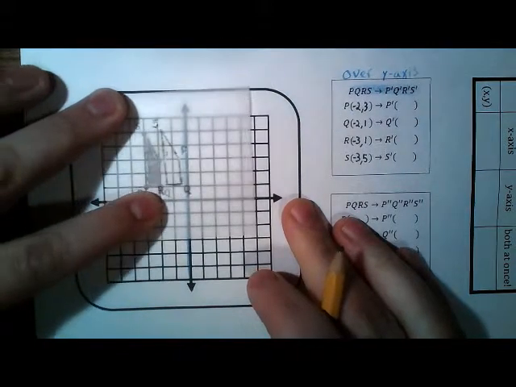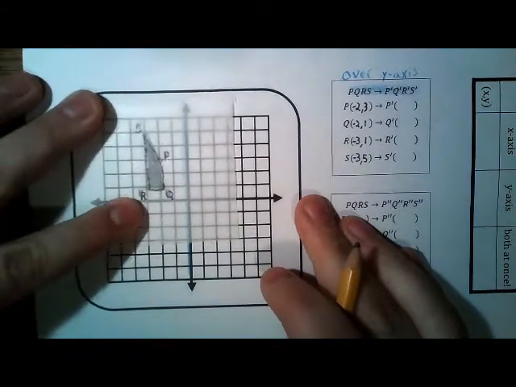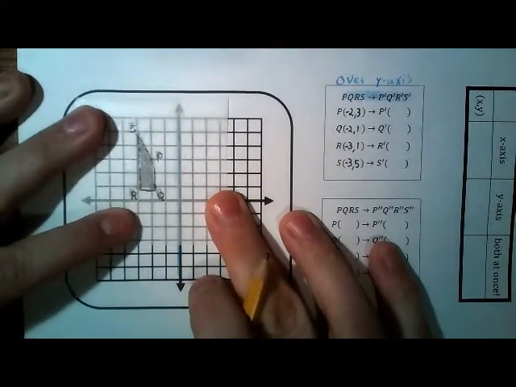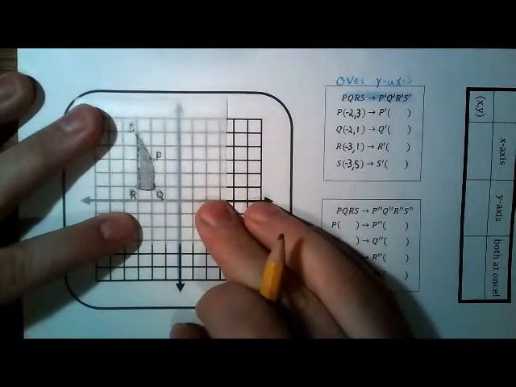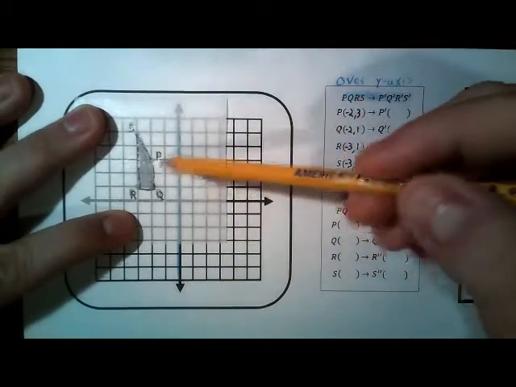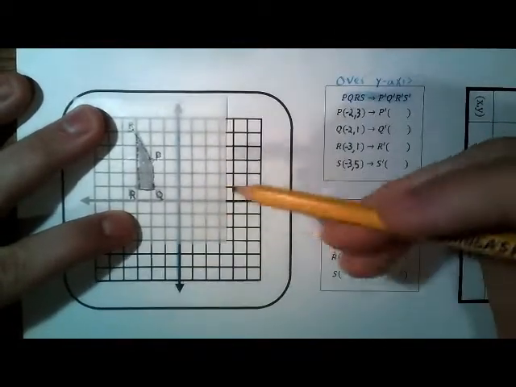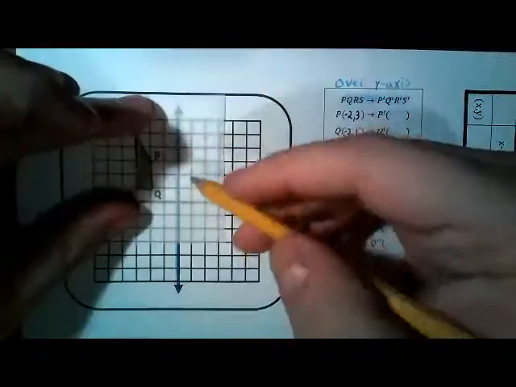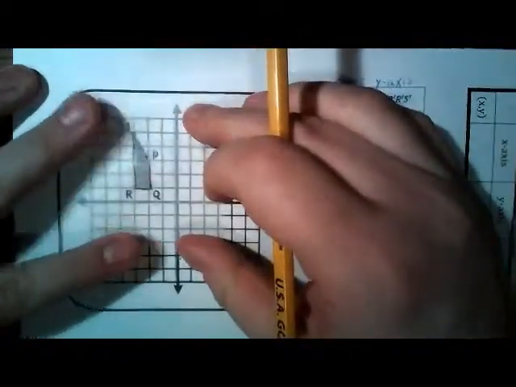Now if I was translating it, I would be sliding it over. But that's not my goal. My goal is to reflect it over the y-axis. So I'm going to be flipping this. Now when I flip it, I want to be able to line it up exactly over that line of reflection. So I'm going to trace whatever the line is that they've asked you to reflect it over.